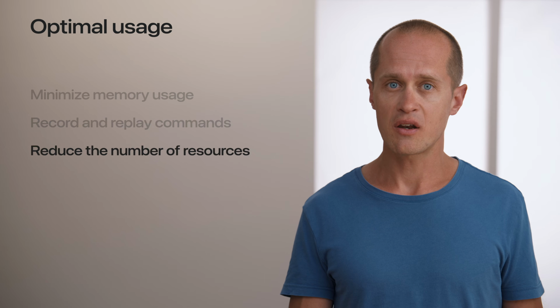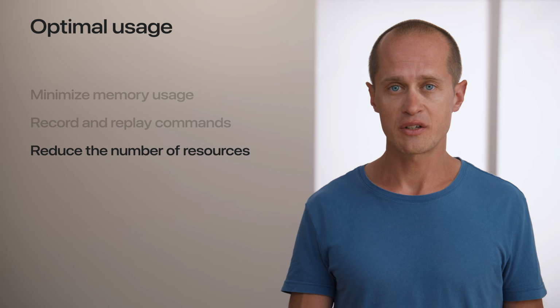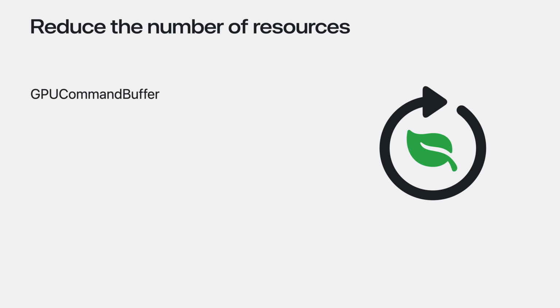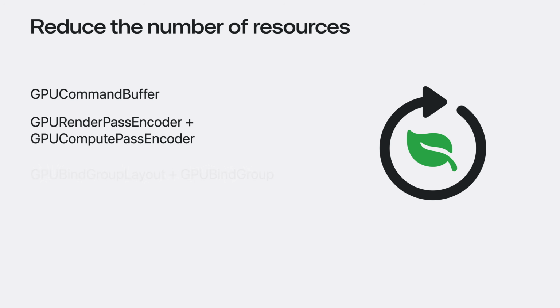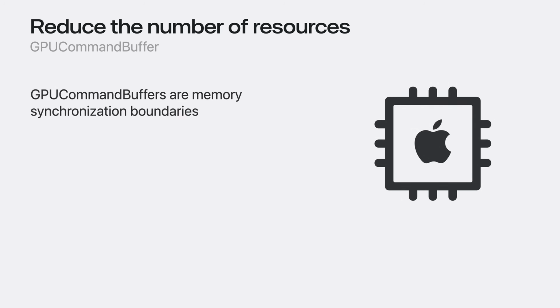So now that we've tackled memory usage and cut down validation overhead, let's look at reducing the number of resources. Specifically, command buffers, render and compute passes, bind group layouts, and bind groups. Command buffer boundaries require synchronization between high-speed on-chip memory and unified on-device memory.